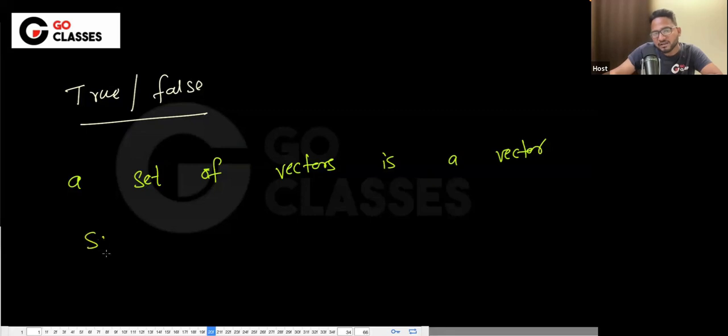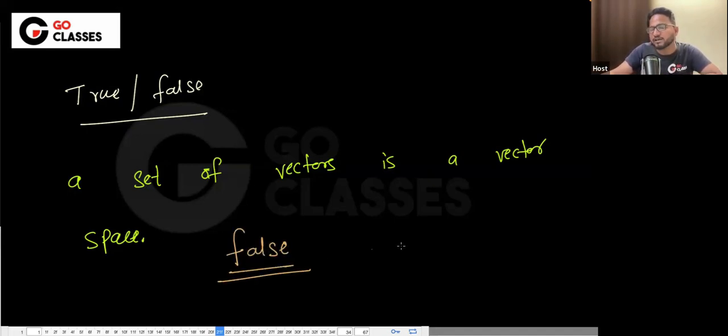There is something else that we need to incorporate, not just a set. It has to be a set, so you can say it is necessary, but it is not sufficient. There has to be something extra also. So this is false. The set is not enough.